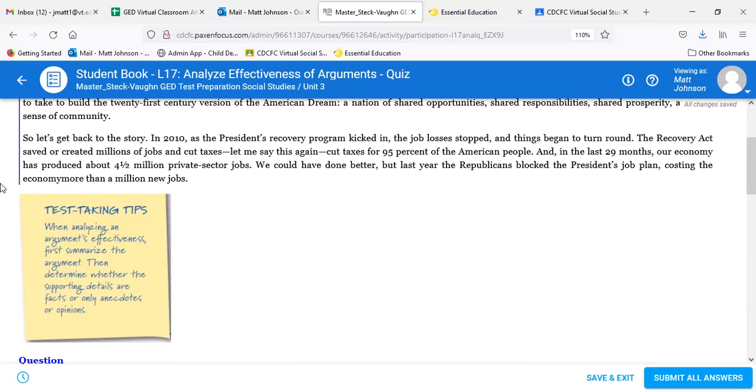So, anecdotes: if it's a personal account, if Clinton here had only talked about one family that had improved their situation during the first 4 years of the Obama administration, that's anecdotal, right? It's like, well, I know the Johnson family did really well because of Obama's policies.